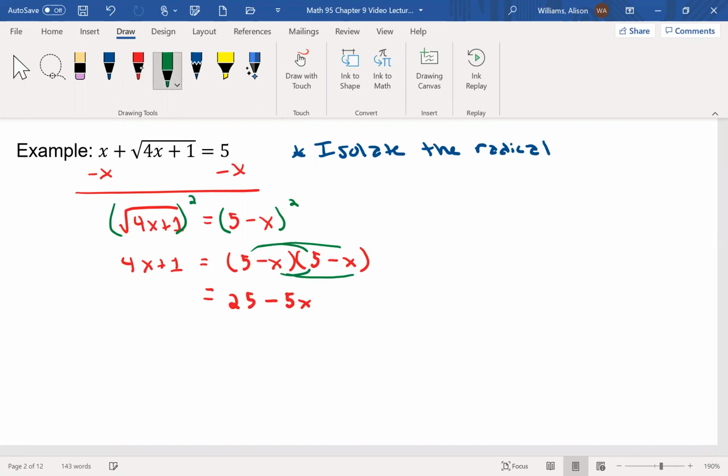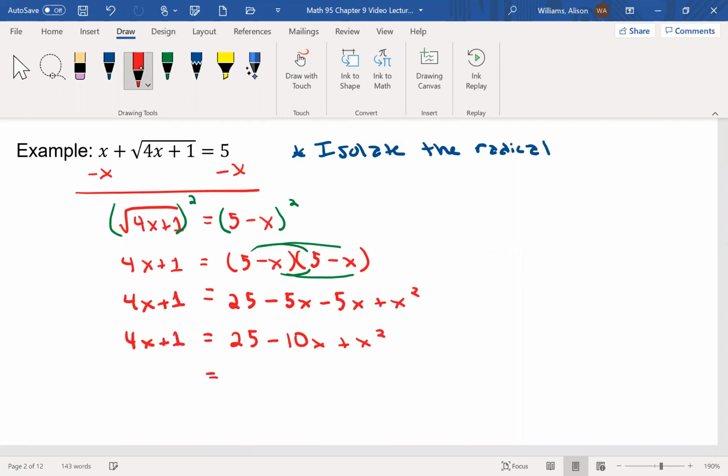Distributing this is going to give me minus 5x plus x squared. Okay. So that's going to come out to 25 minus 10x plus x squared. And actually, I'm going to go ahead and put it in order because we're used to seeing the x squared first. So I'm going to put the x squared first, the 25 last.